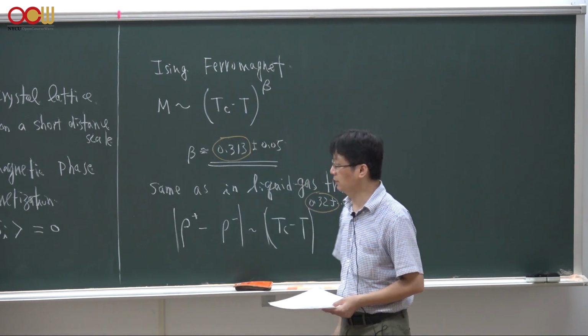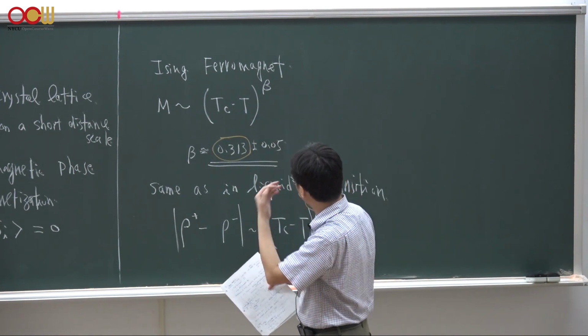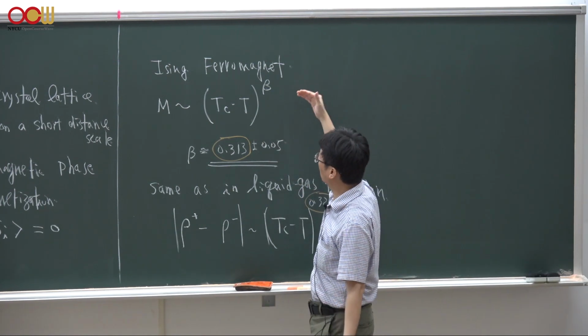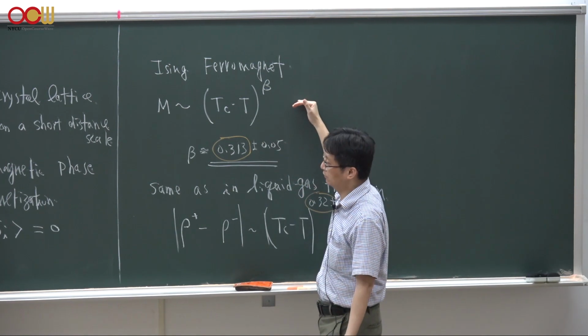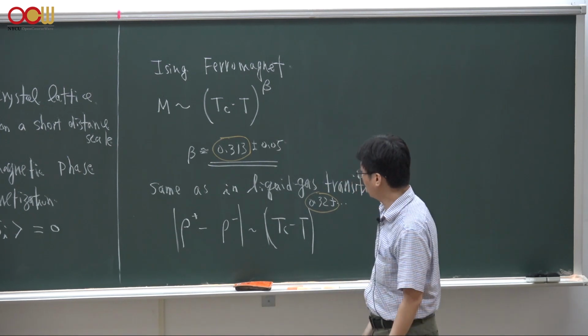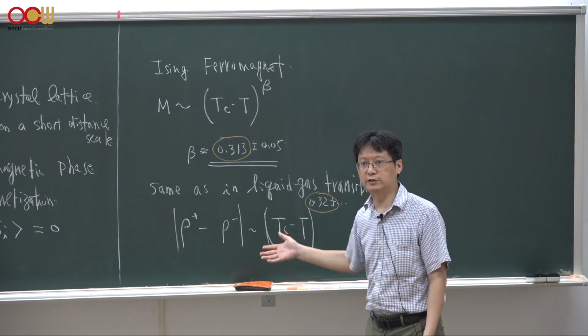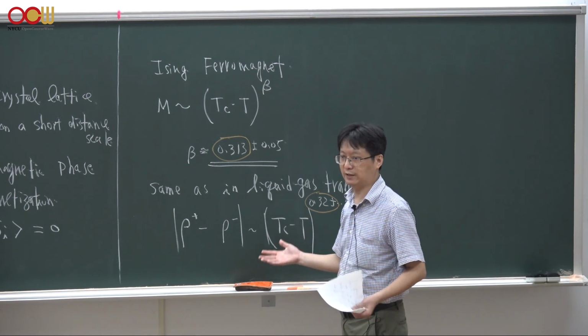There is almost perfect agreement regarding the critical exponents between completely different systems, say the Ising ferromagnet or antiferromagnet and the liquid gas transition, for example liquid helium-3. This is not a coincidence that you can find by chance.